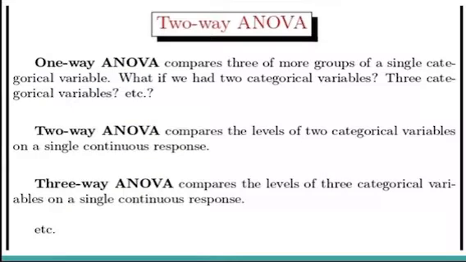I've just explained what one way means, what two way means, what three way means, and so on. What would you take away from this page that I'm showing you now? In one way analysis of variance, you are only considering one factor with levels. Two-way analysis of variance, two factors with levels.